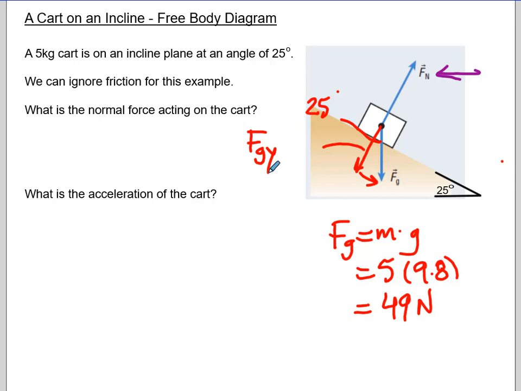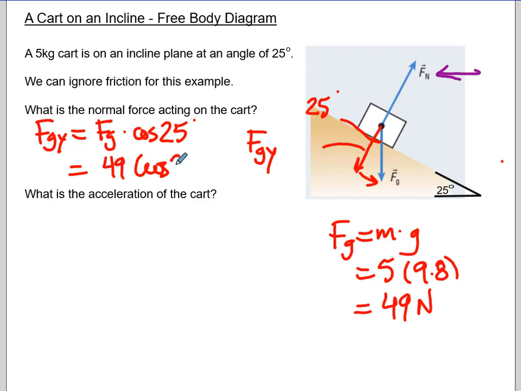Okay, so if I want to find that, that would be FGY equals FG times cos 25 degrees. Okay, so we would have 49 times cos 25, which would equal 44.4 newtons.